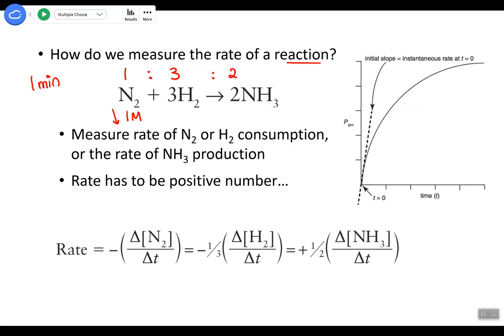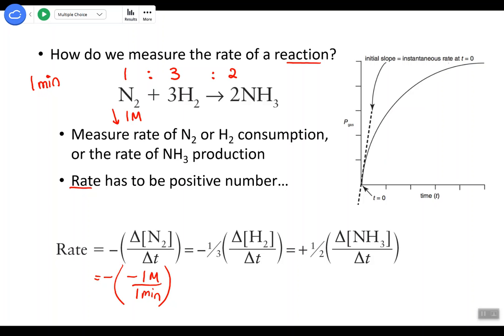Well, I could tell you the rate of this reaction based on using up 1 mole per liter of nitrogen. I should also tell you that rate needs to be a positive value. So if I lose 1 mole per liter of nitrogen, and we're using a made-up value of 1 minute, the overall rate needs to be a positive number. So I can't tell you it's negative 1 mole per liter per minute. I want to tell you that it's 1 mole per liter per minute. So I just add a negative sign in front of my negative sign, and it turns into a positive.